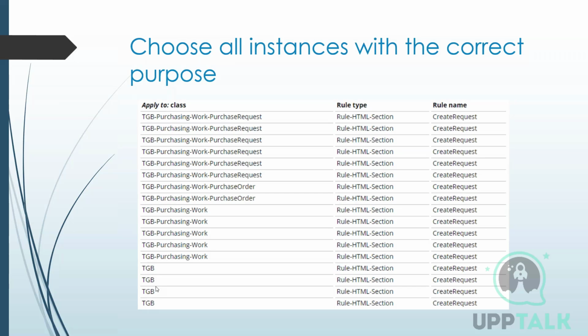But the system first makes a list of all ones with the correct purpose. So we call all of them as rule candidates. They are all rule candidates. Finally, one of which is going to be executed. This happens for each and every rule in your application.